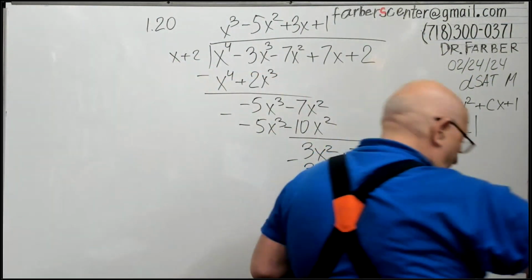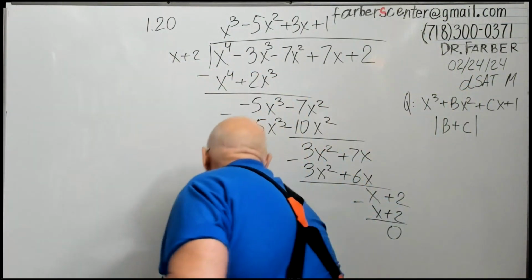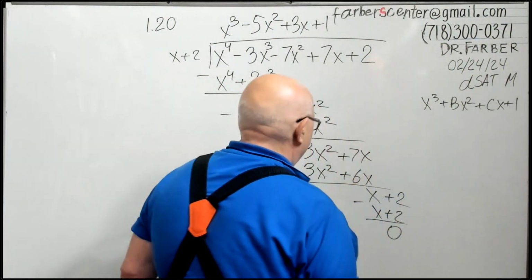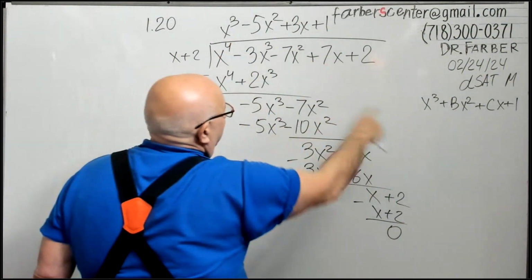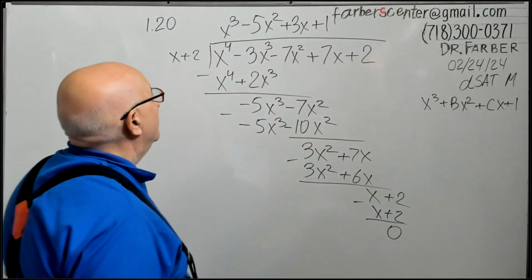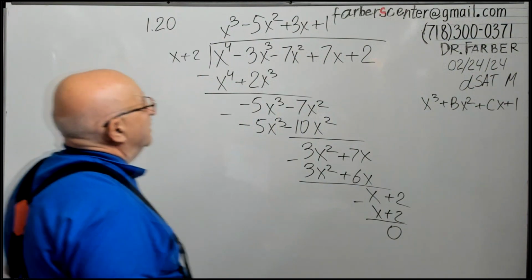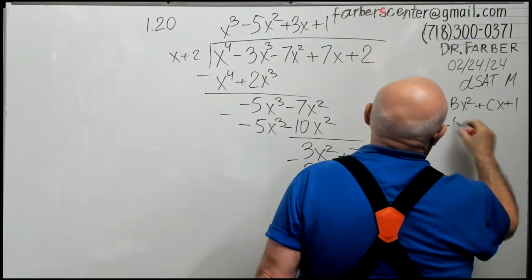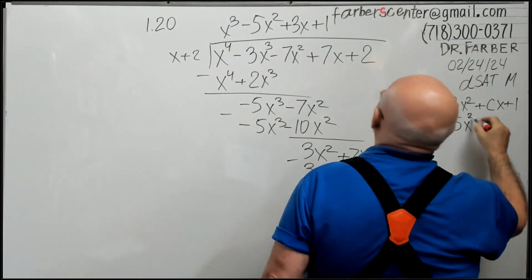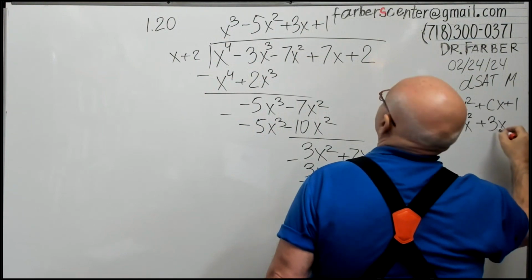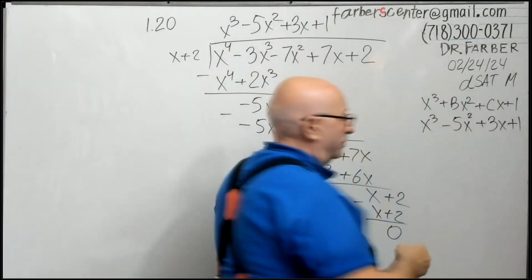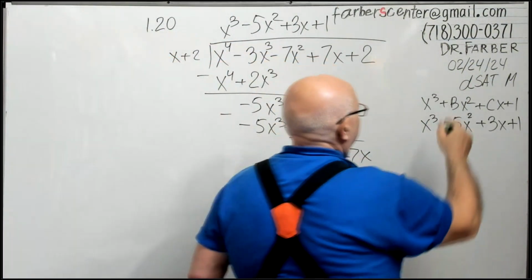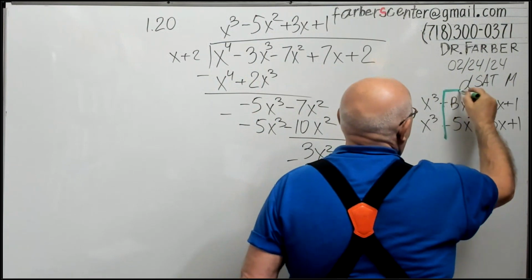Let me save space and time. I will use this one. This is my target, remember? So since this is the quotient and this is the same quotient, they represent in parametrical form. I will line up this: x cubed minus 5x squared plus 3x and plus 1. If I take a different color, since they are equal, their coefficients are the same.